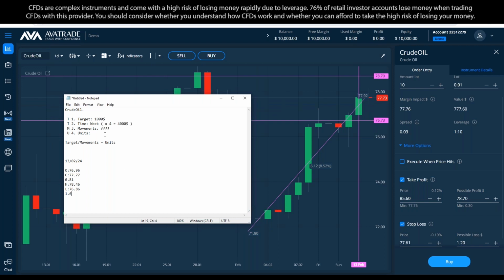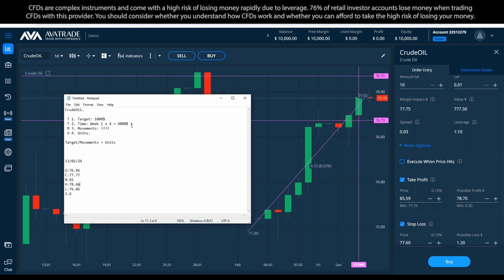The reason is, when you compose a position this way, you know exactly where you're standing and what to expect, not whether you're going to make or lose money, but what the potential profit and potential loss can be, and I'm going to show you exactly how. Now, the first thing to begin with is to find the movements here, right?